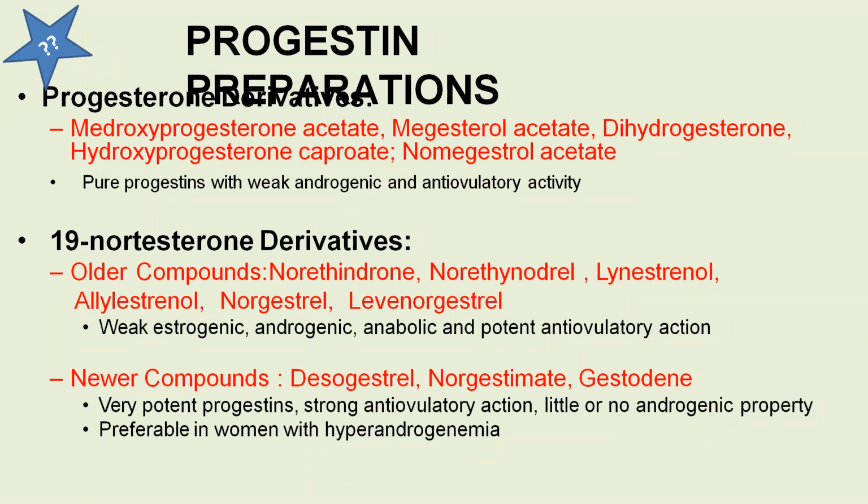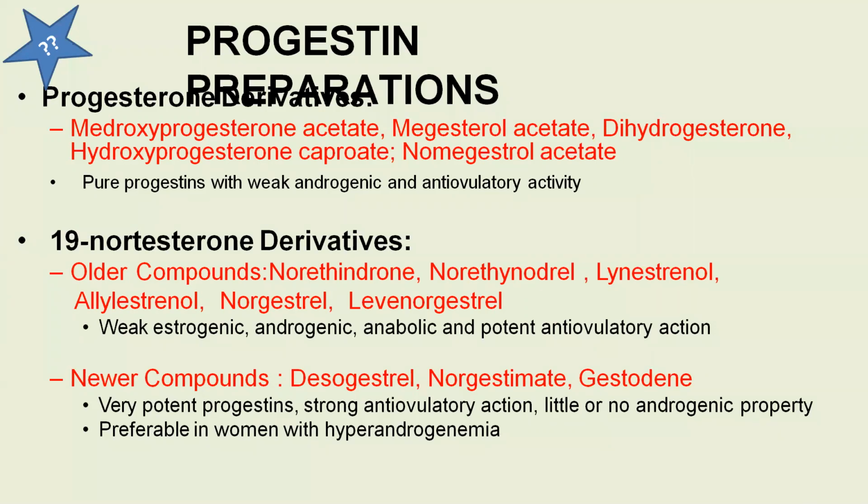19 non-testosterone derivatives, older compounds and newer compounds. Here in older compounds we have norethindrone, norethynodrel, linestrenol, allylestrenol, norgestrel and levonorgestrel. These compounds have weak estrogenic, androgenic, anabolic and potent ovulatory action.